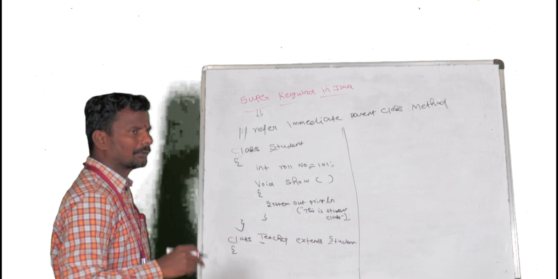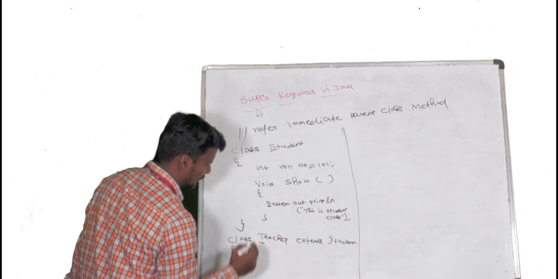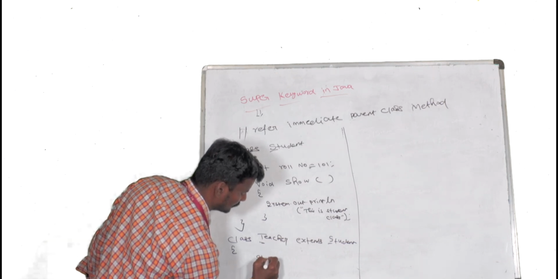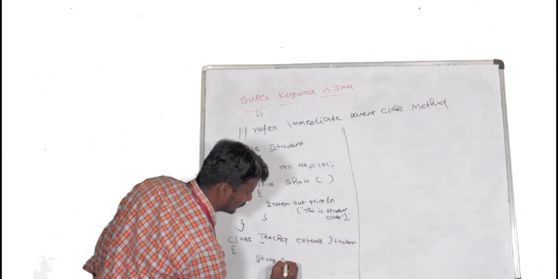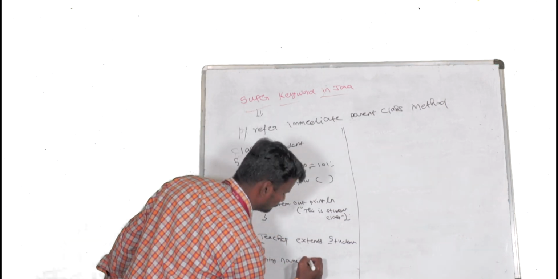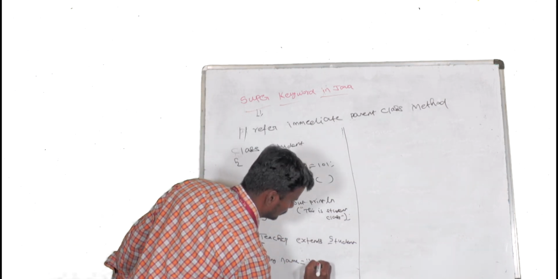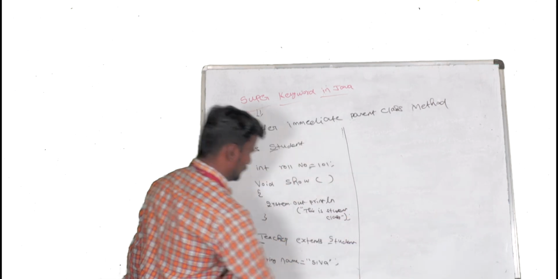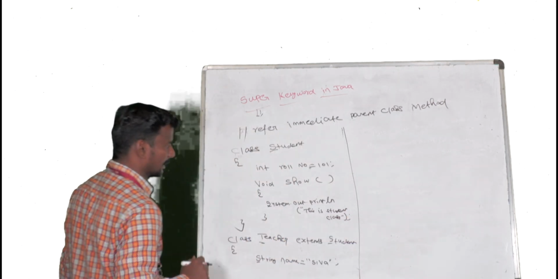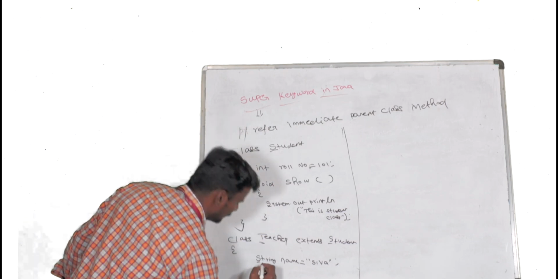Next here we define one instance variable, String name is equal to Siva. And next we define one method. The same method name I define here also.